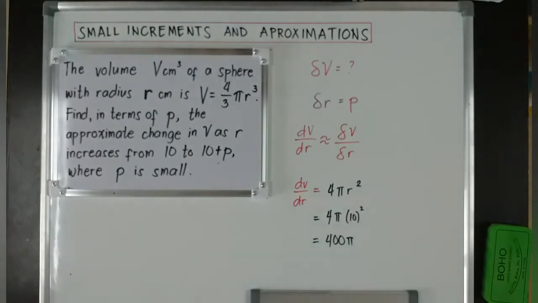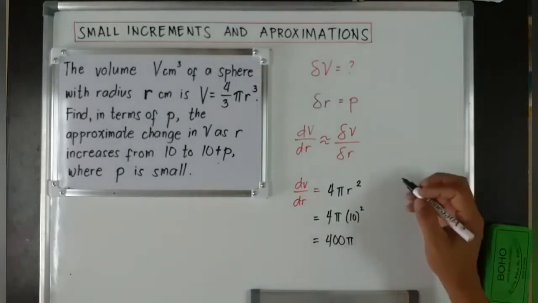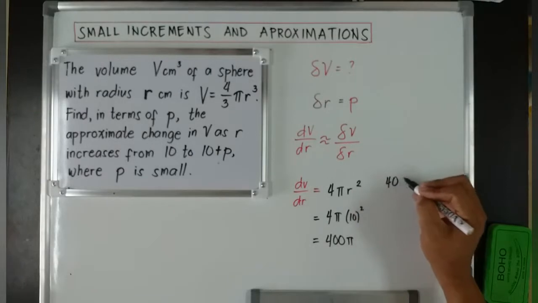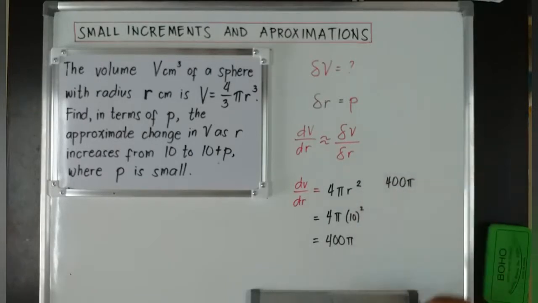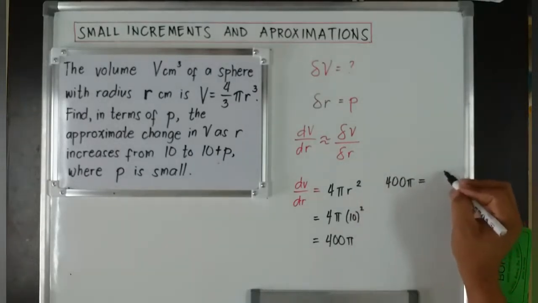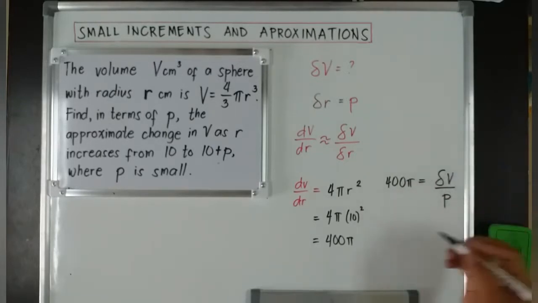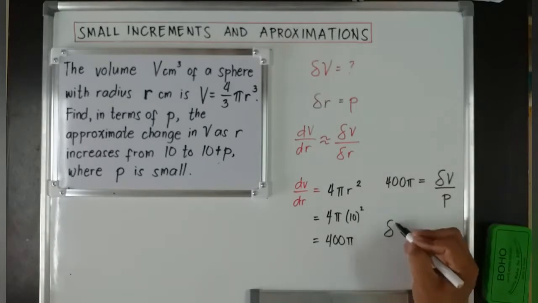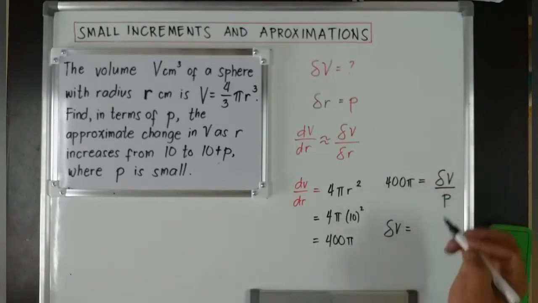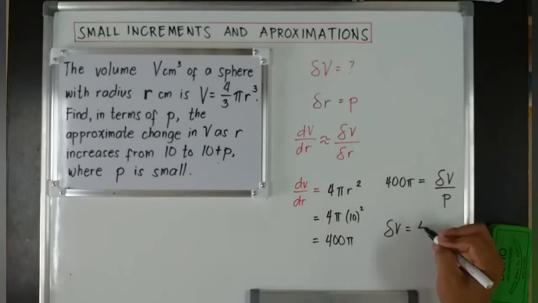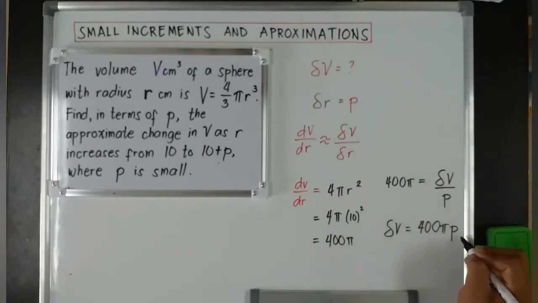It is p. So it means 400 pi is equivalent now to the small increase in v over p. Thus, a small increase in v, I will multiply both sides by p, which is 400 pi p. Our answer.